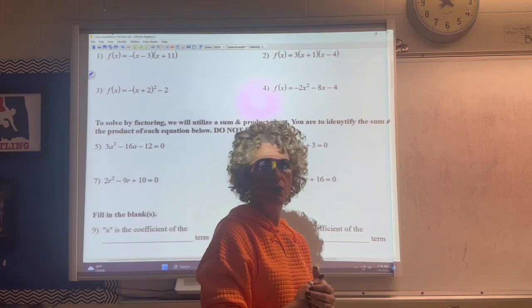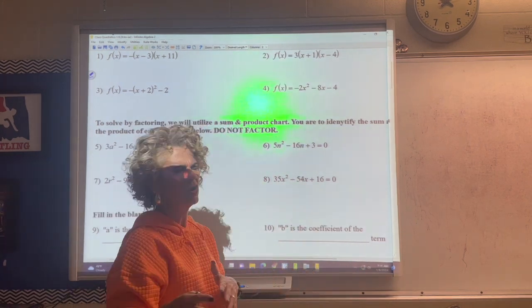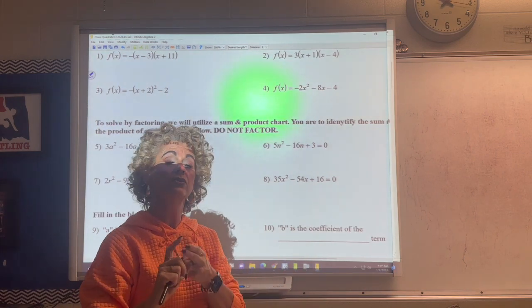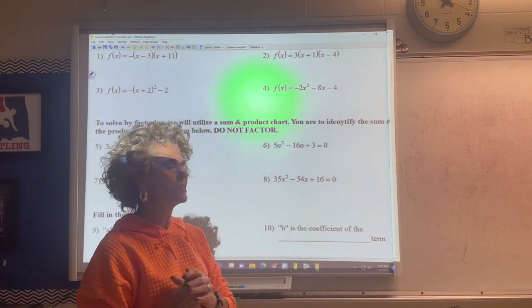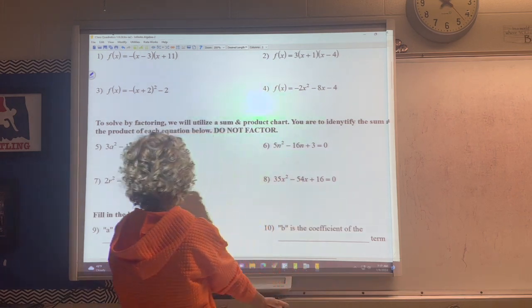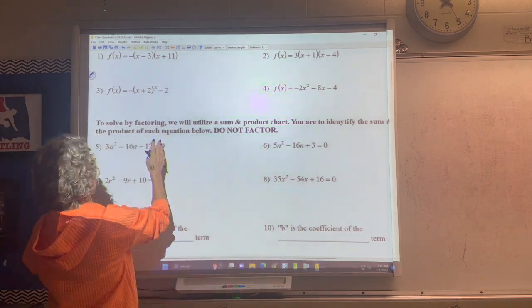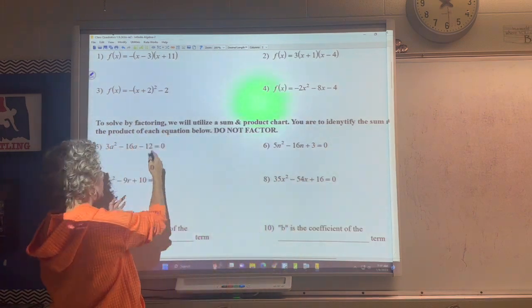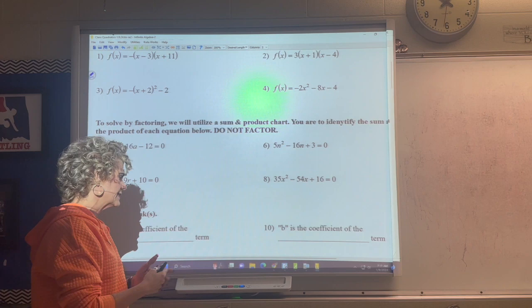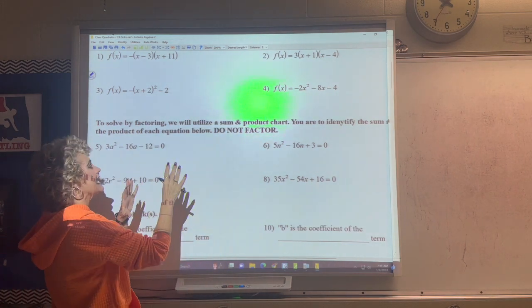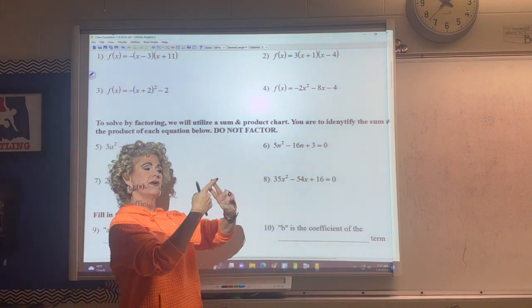Completing the square, we might not have to, but when we're using the quadratic formula or solving by factoring, which are the next 2 things we're going to do, we are going to have one side equal to 0. So I've done this for you; all of these have one side equal to 0. That's exactly what we want. So since one side is equal to 0, I can identify my value of A, my value of B, my value of C.